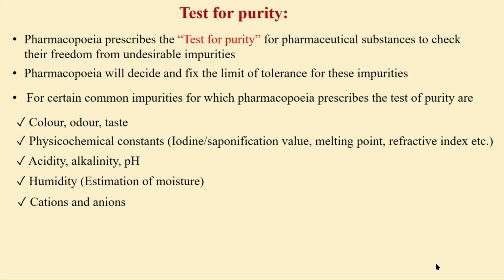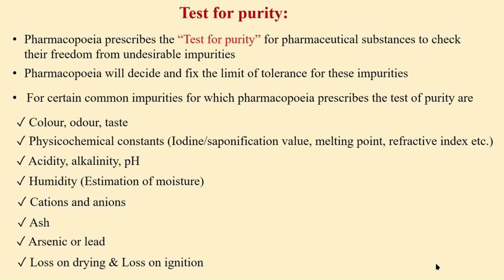The cations and anions, ash, arsenic limit or lead limit, and it also prescribes the loss on drying and loss on ignition. How these are tested, that is the subject of discussion for today's class.